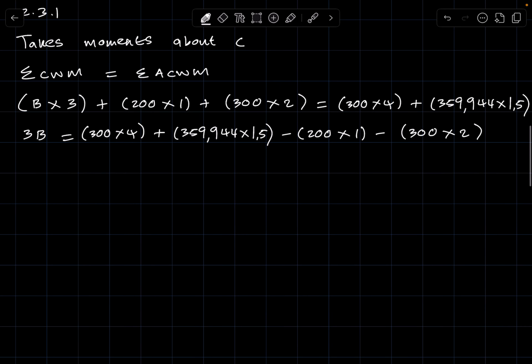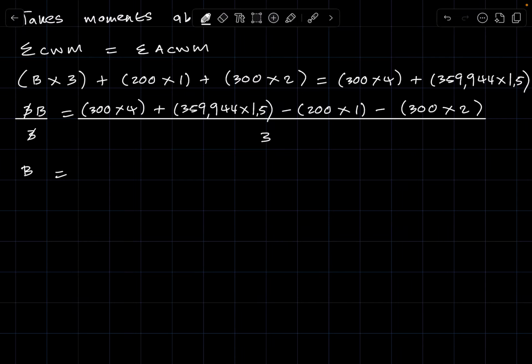And then because we're looking for the reaction at B, you make certain that the coefficient of B is 1 by dividing by 3. Then of course what you do on the left, you do on the right, so divide by 3 here as well, and this gives us the reaction at B. So if you punch this in your calculators, you should get 313,305 newtons. That is our reaction at B.